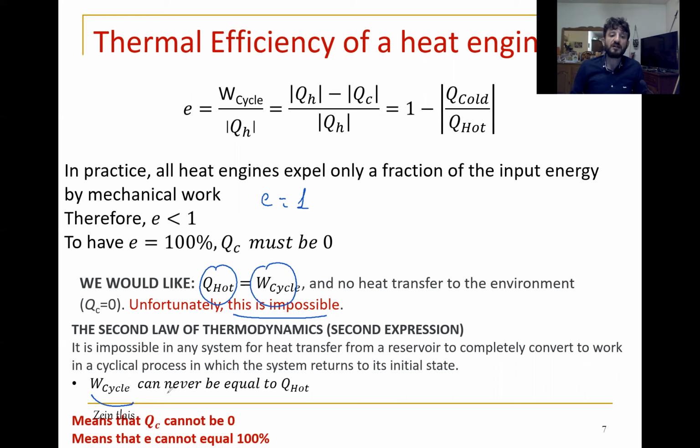Omega of the cycle can never equal Q hot, meaning Q cold cannot be 0, meaning E cannot equal 100%. It must be less than 1, equivalent to E less than 100%.